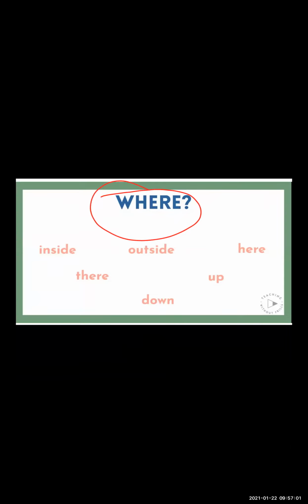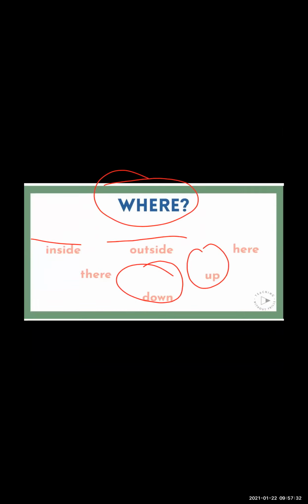If I say look up, look down, these are the actions, and I'm giving you the place where you have to look. Look right, look left. Yes, here you have to look. It is giving you the proper direction where you have to be, and these are considered adverbs.